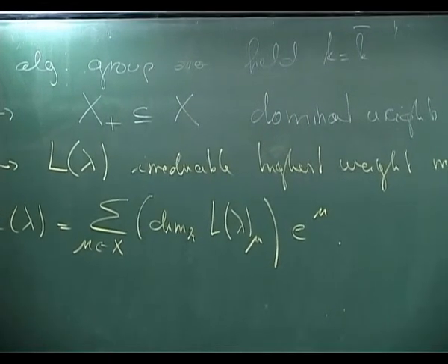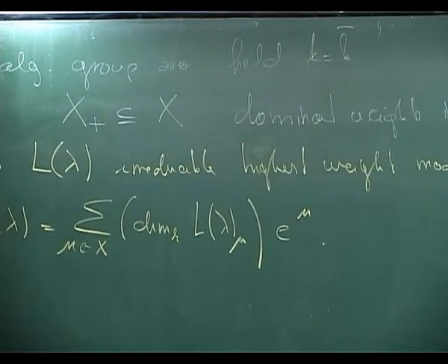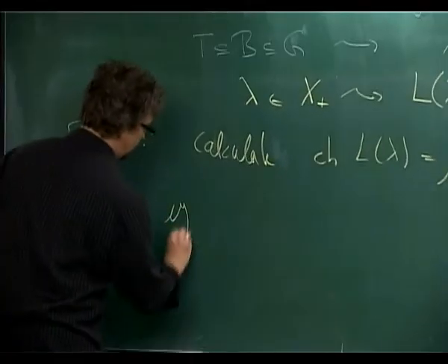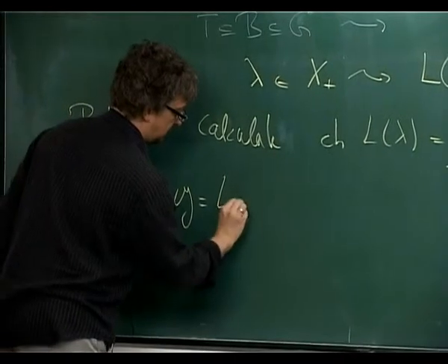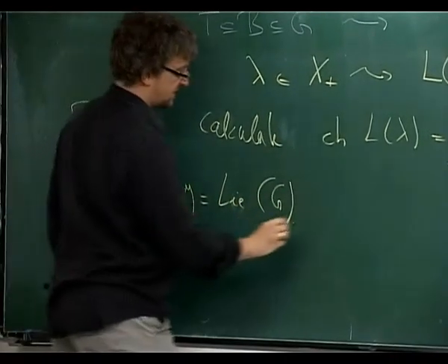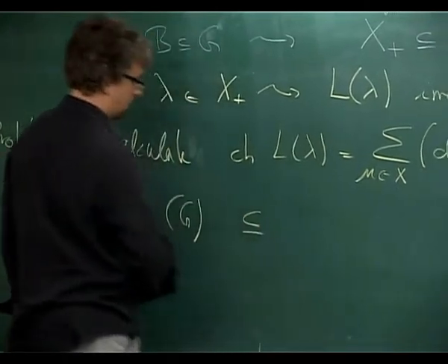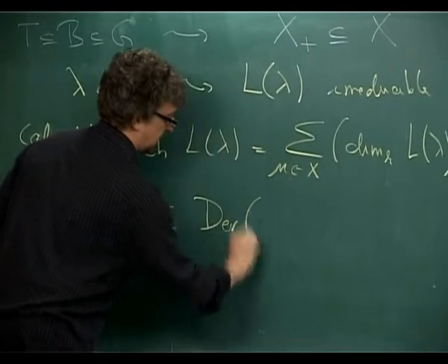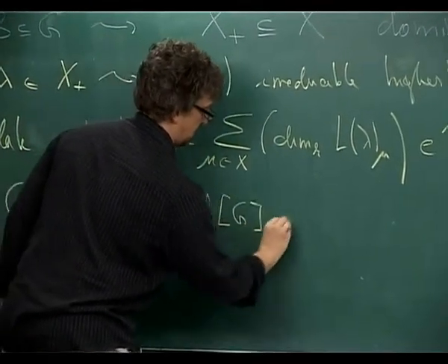So it's always a good idea to consider these representations not only as representations of the group, but also of the Lie algebra. So Lie G is the Lie algebra of G. Just as a reminder, this is a subset in the set of derivations from K[G] to K[G].